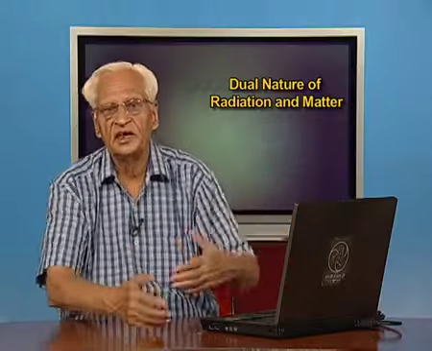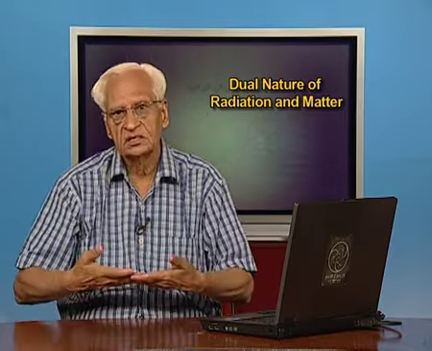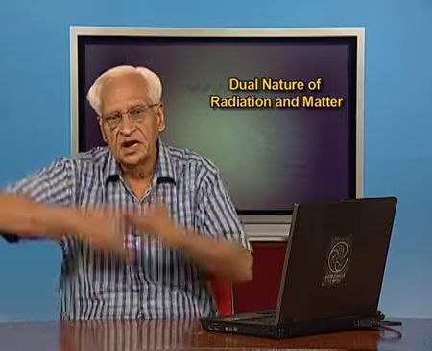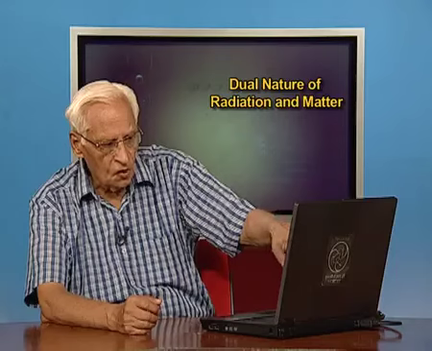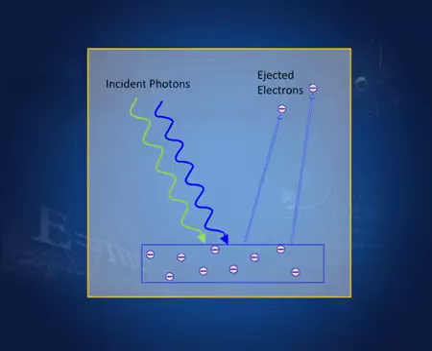The third way in which electrons can be given energy so that they come out of the piece of metal is known as the photoelectric effect. In this case, we make photons incident on this piece of metal, and these photons give energy to these free electrons, and if the energy is sufficient, they come out.